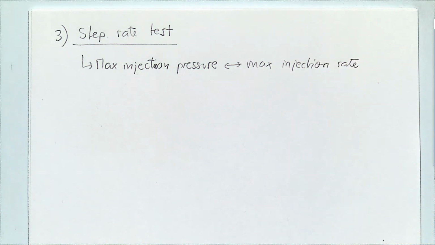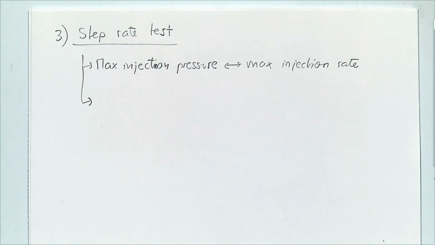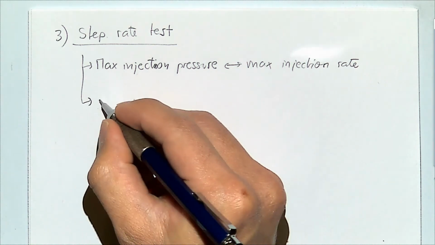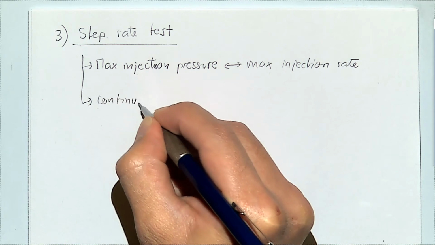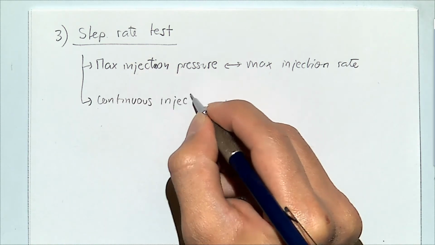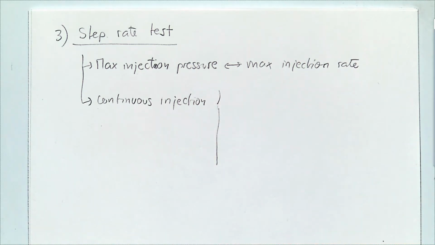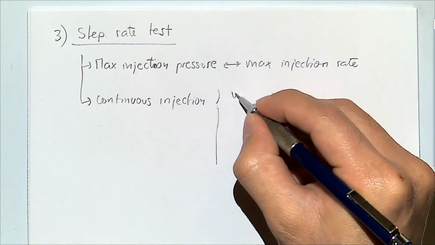We have many problems of petroleum engineering in which we have to inject constantly a fluid. And can anybody tell me an example about when we want to inject constantly a fluid? Water flooding, right? Water flooding could be a case.